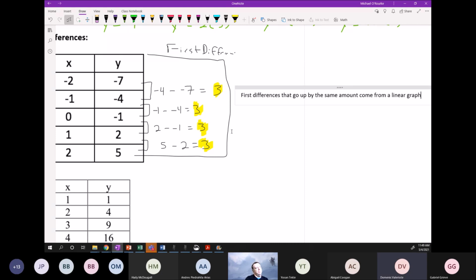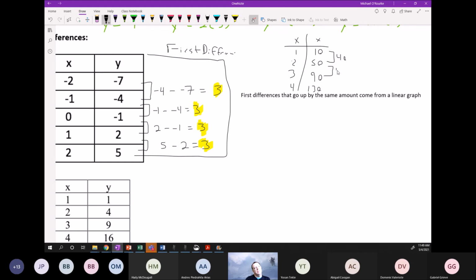And if I made a second one, X, Y, 1, 2, 3, and it was 10, 50, 90, 130, the differences are 40, 40, 40. Therefore, it's linear.